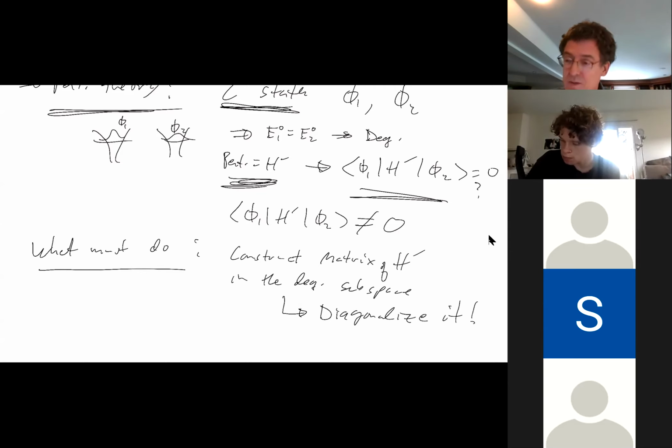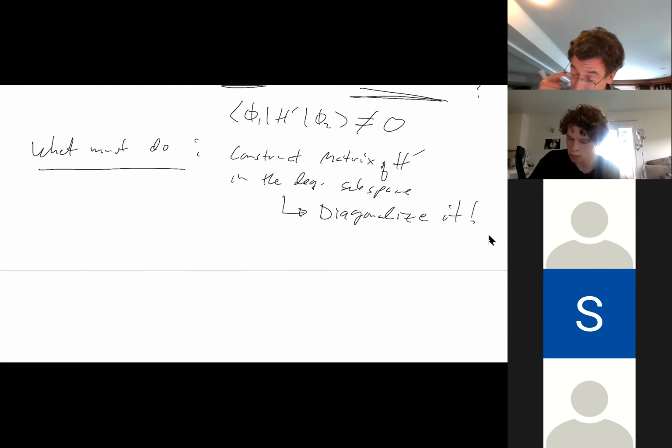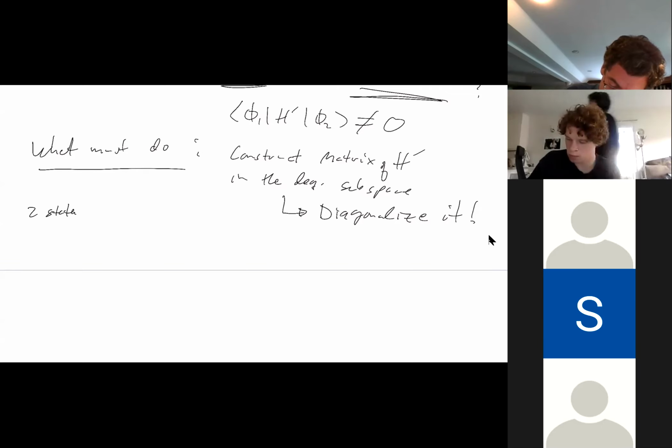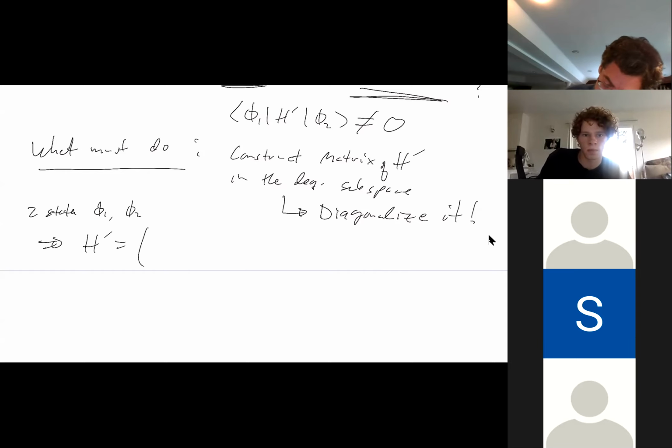Because that's what degenerate perturbation theory tells us to do. So we see that we have two states, phi 1 and phi 2, and that means that our perturbation is living in a two-dimensional subspace.